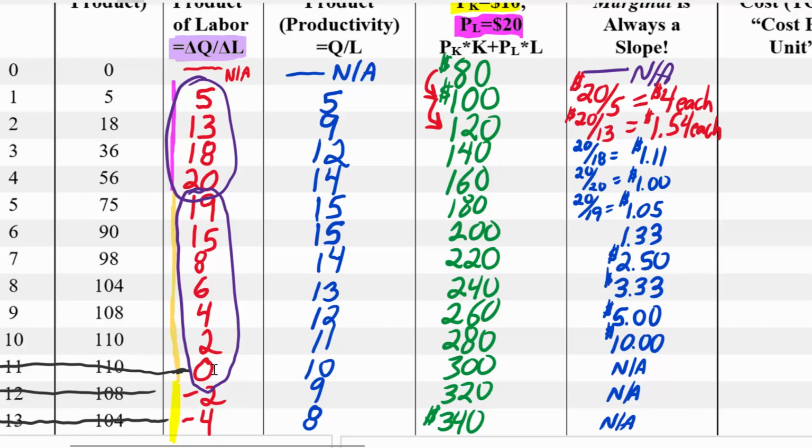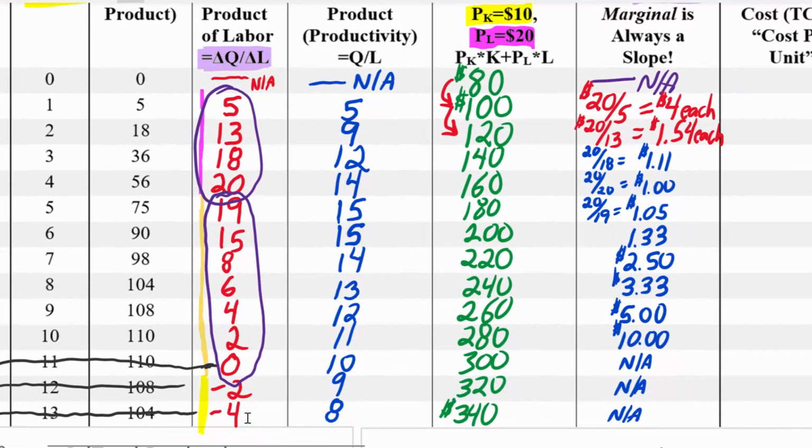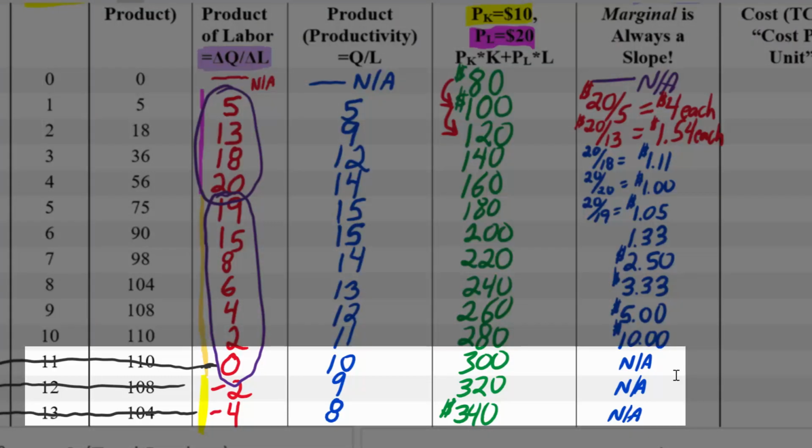It also doesn't make sense to talk about the marginal cost of these -2 units. What's the additional cost of losing 2 units? That's not really the marginal cost of an additional unit, right?